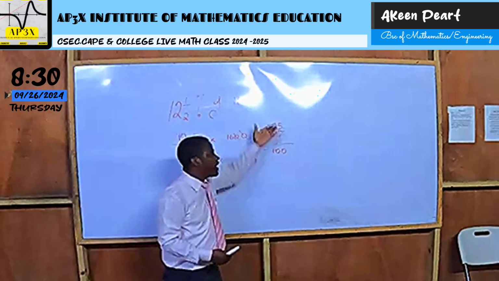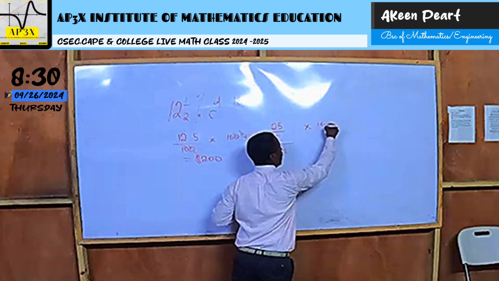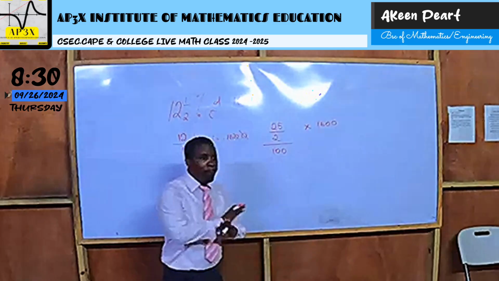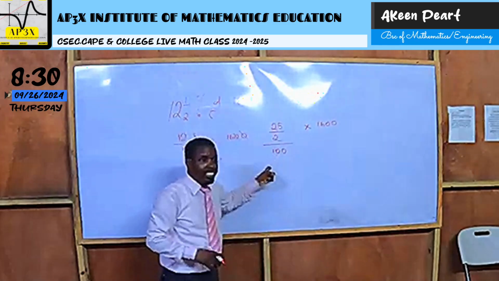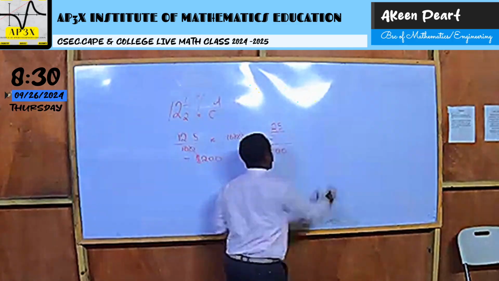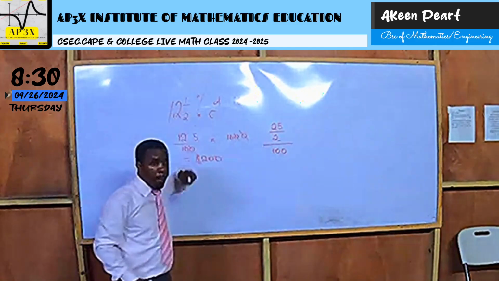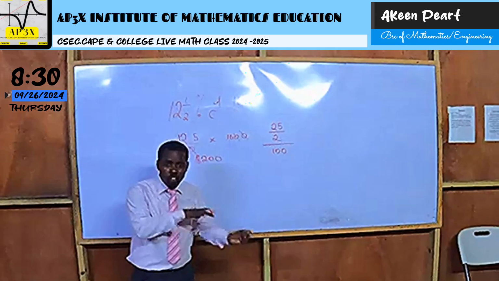But because you see 25 over 2, some students just automatically multiply it by 1,600 and completely forget that it still has to be divided by 100. So this is what I'm emphasizing.